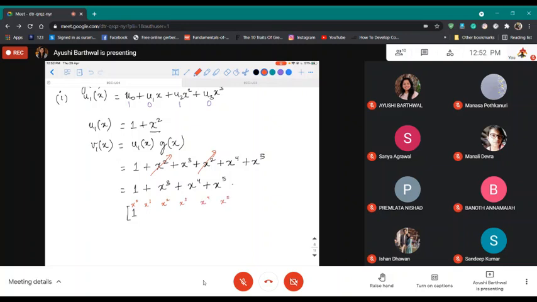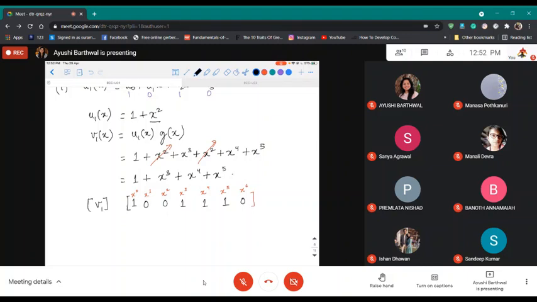What will be the highest degree? Since we are talking about a code vector polynomial, the highest degree would be n minus 1. So n is 7, so the highest degree would be x raised to the power 6. The coefficients are 1, 0, 0, 1, 1, 1, 0.